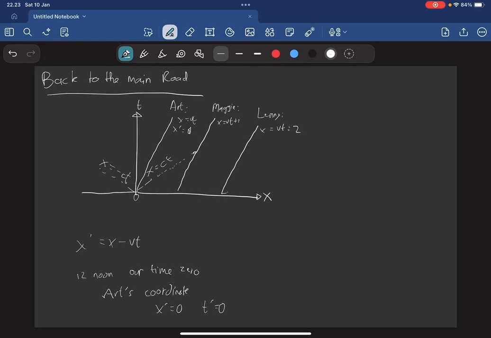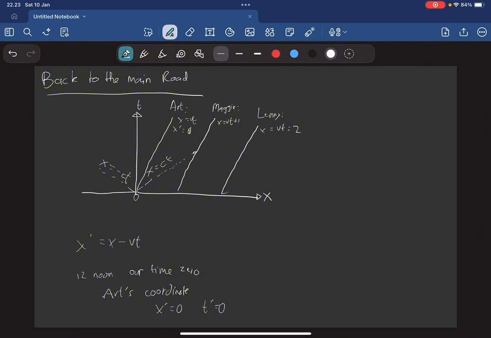The moving observer and the stationary observer agree by assumption on the meaning of t equals 0. For you, the stationary observer, t equals 0 all along the horizontal axis. In fact, that's the definition of the horizontal axis. It is the line where all times for the stationary observer are 0.